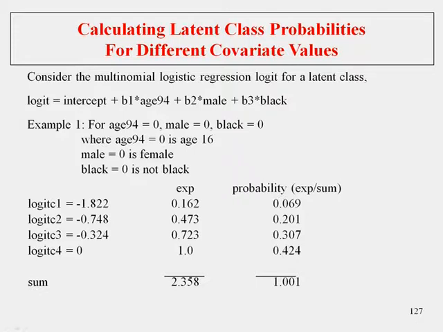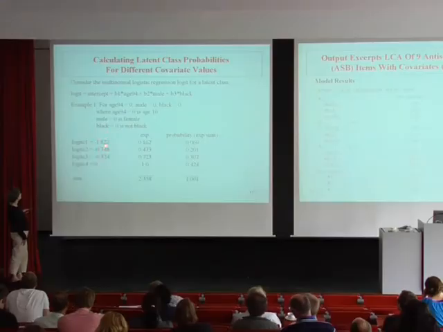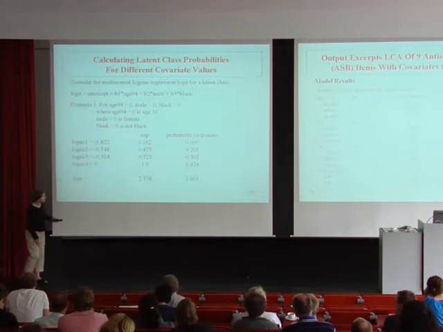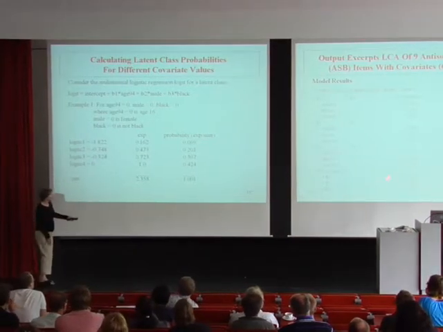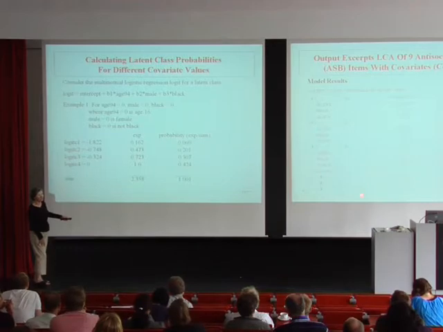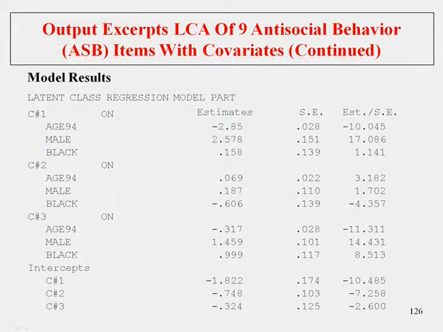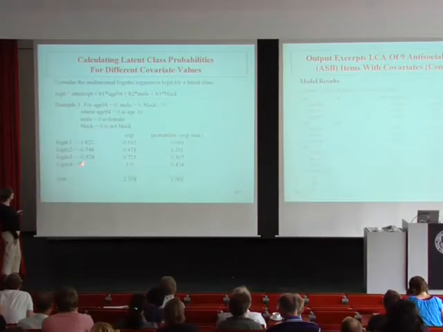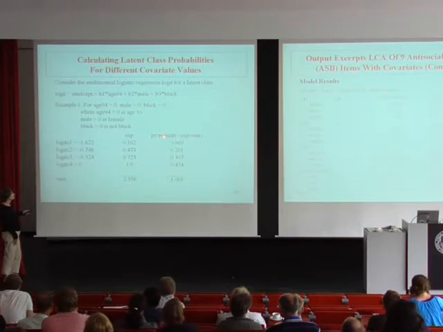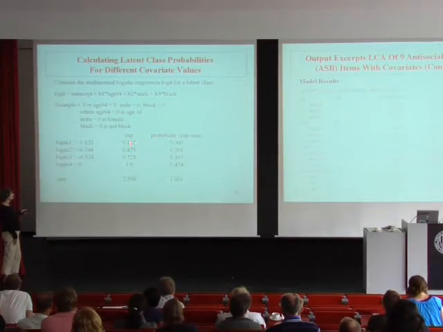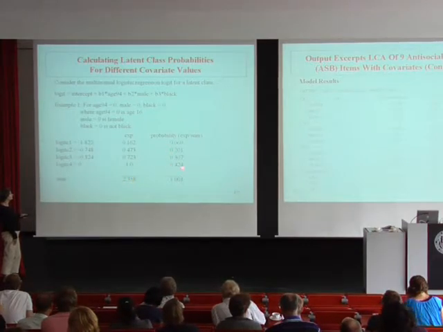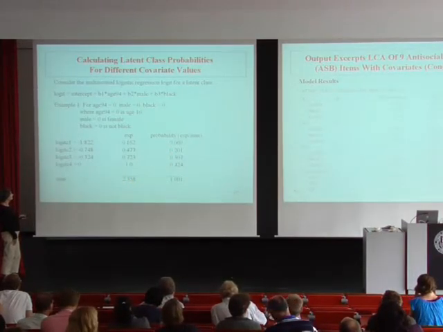So that means the logit is equal to the intercept. So for each class, we have the logit, which is equal to the intercept, which you find right here in your output. You exponentiate those values. And in the last class, the logit is 0. It's the reference class. Then you compute the probability, which is the exponentiated value divided by the sum, and you get the probabilities of being in the latent classes.